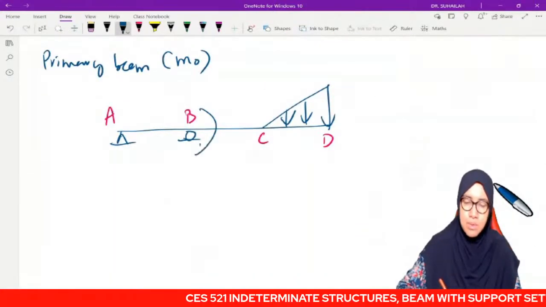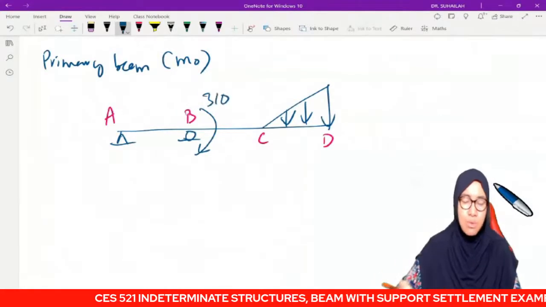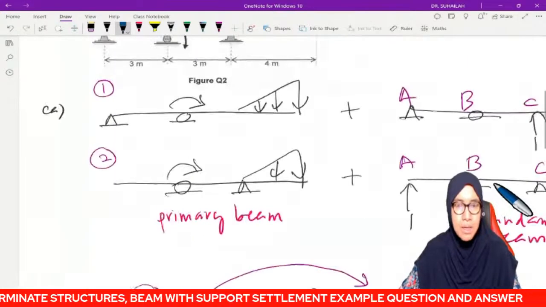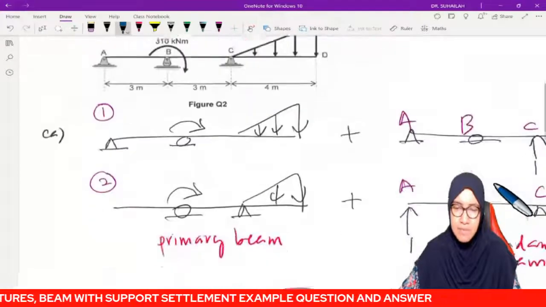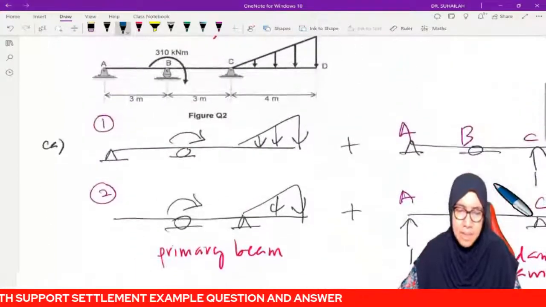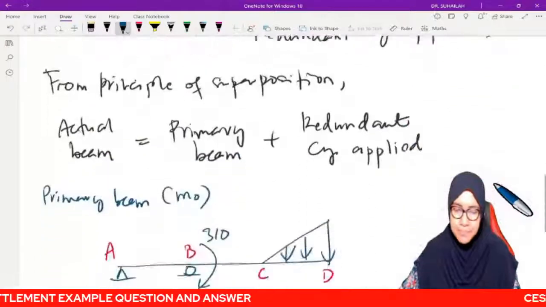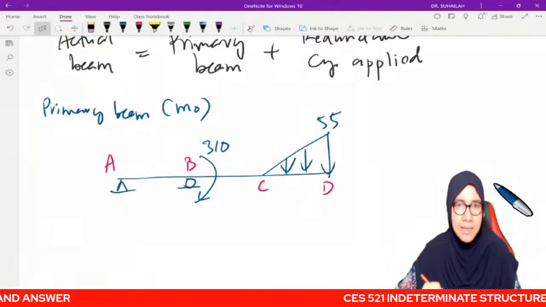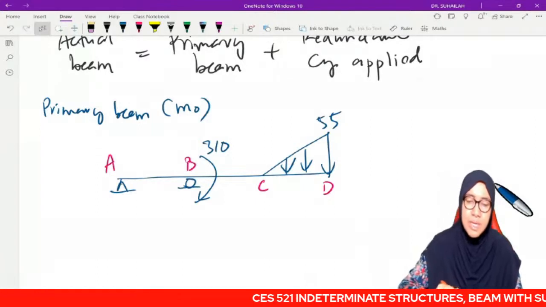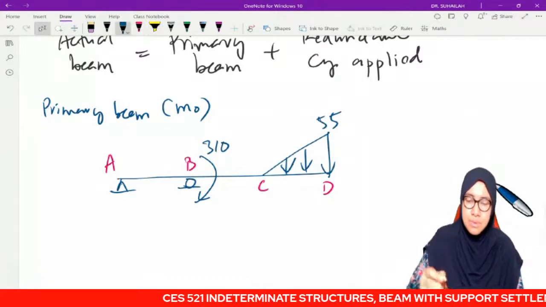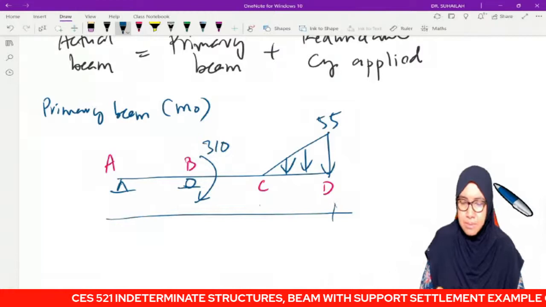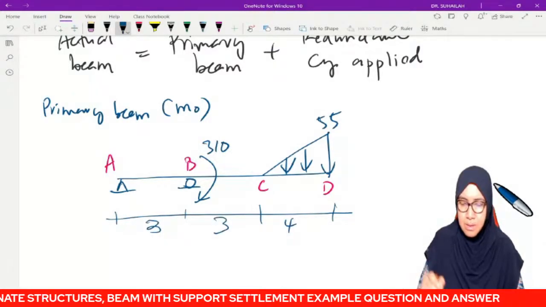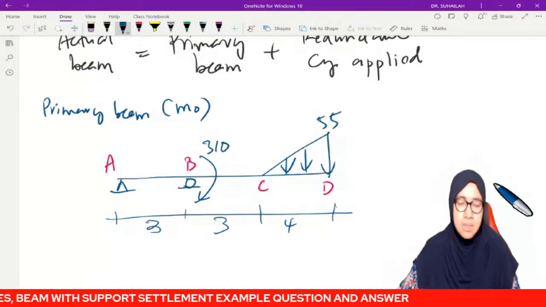The 310 is clockwise, and 55. The lengths are 3, 3 and 4.